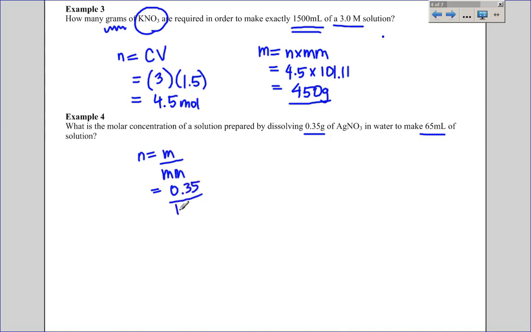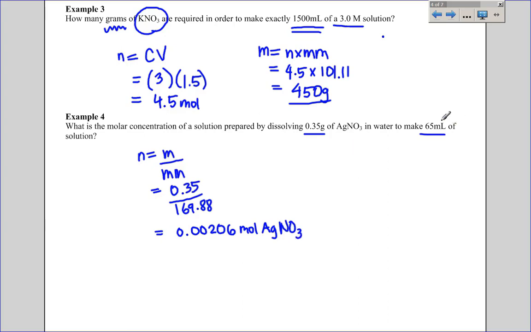So I've got 0.35 divided by 169.88, which is the molar mass of the silver nitrate, and I find that I have 0.00206 moles of silver nitrate.